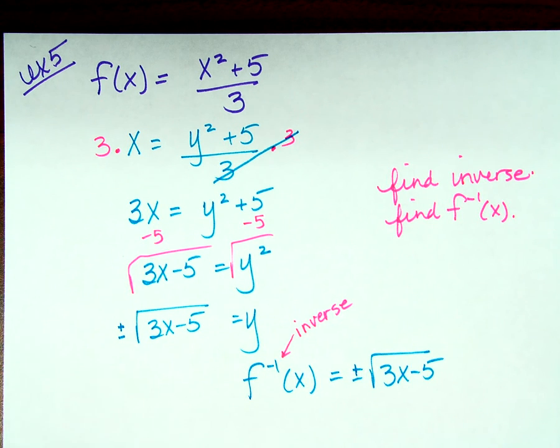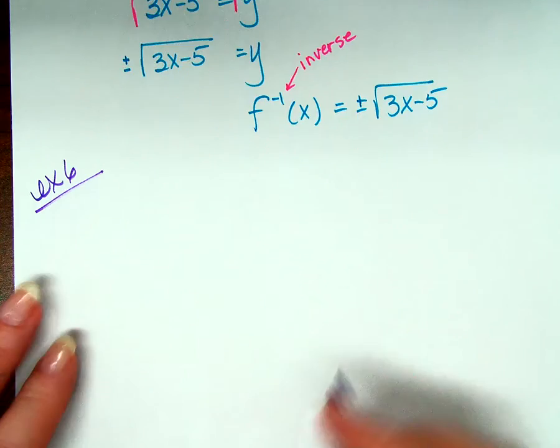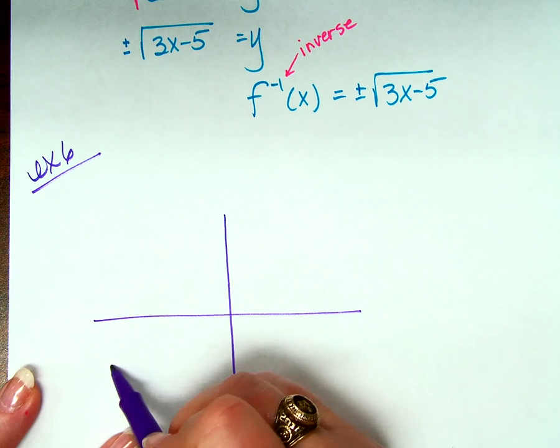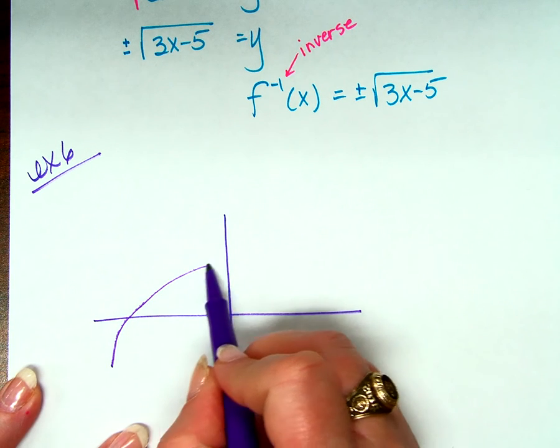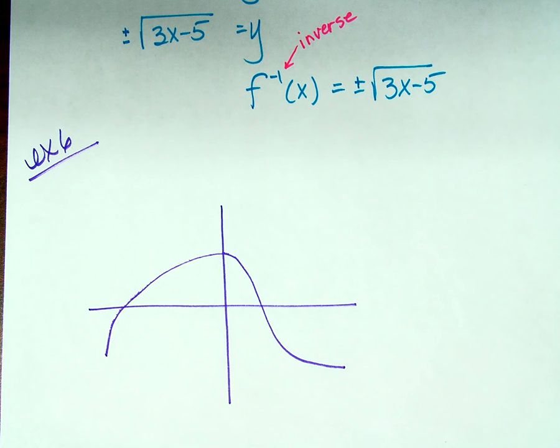Last but not least, example 6. So I'm giving you a graph, and I want the inverse. There's two ways to do this problem. The easy way and the other way, in my opinion.